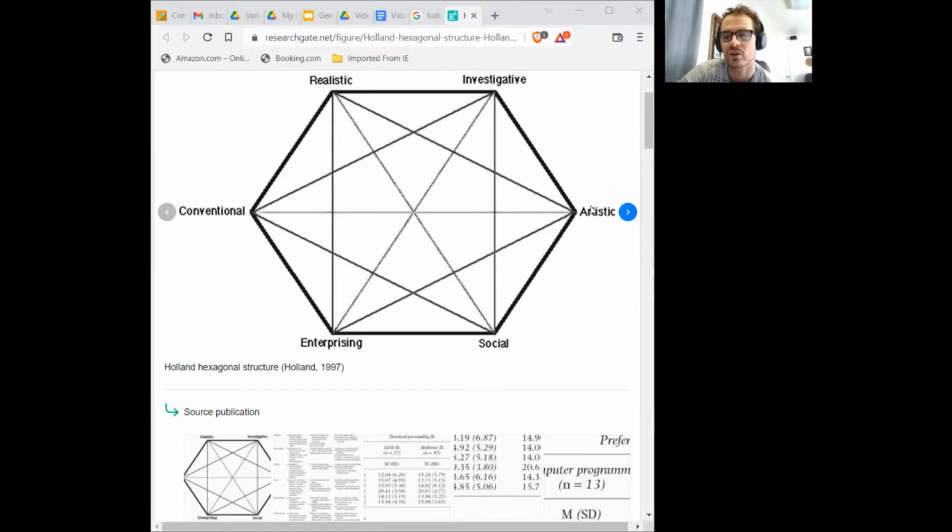The assumption in Holland's approach is that a lot of career environments are differentiated. So the environment is a social environment. If you're a counselor, you're working with people, so those needs and interests are being met in your career environment.